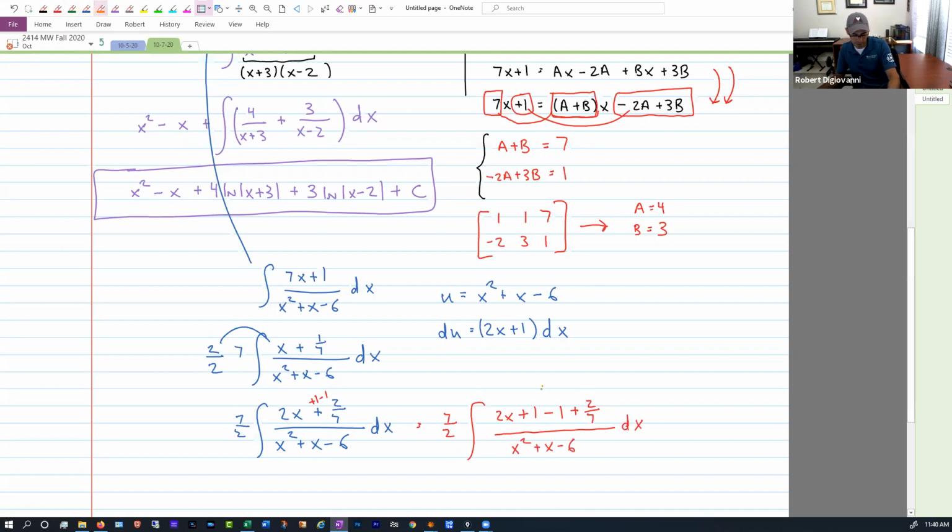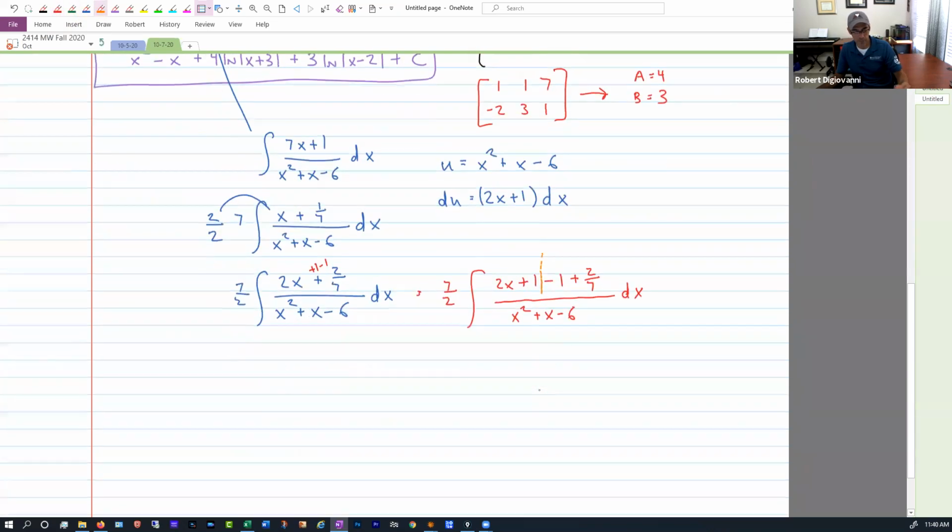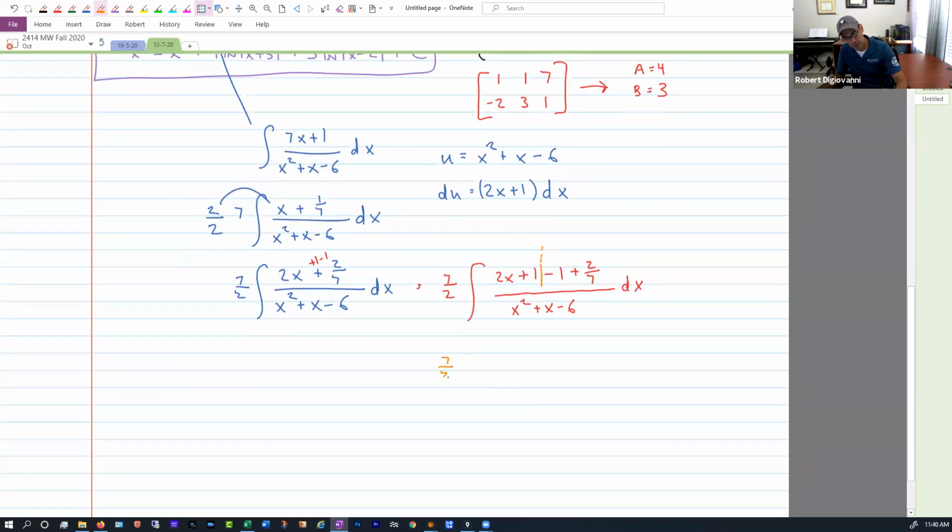Then I would split this down the middle. So my first integral would be 7/2 2x plus 1 over x squared plus x minus 6 dx. Okay, so that would be these two over this, which is doable now because now the top looks exactly like the derivative of the bottom.